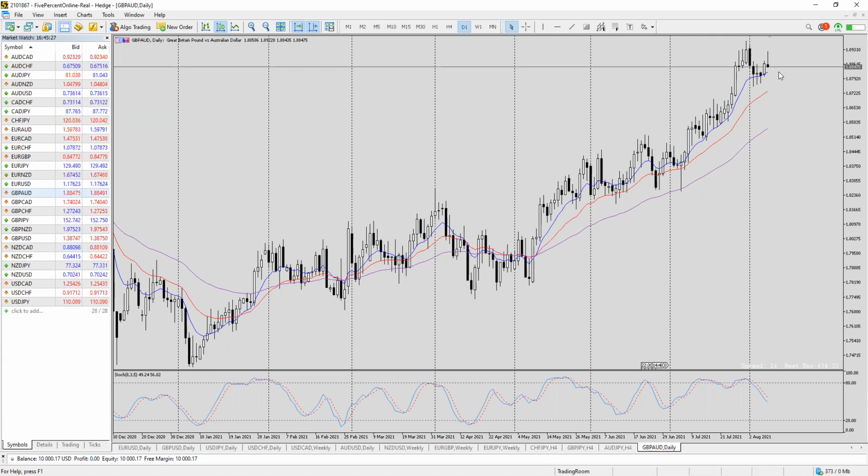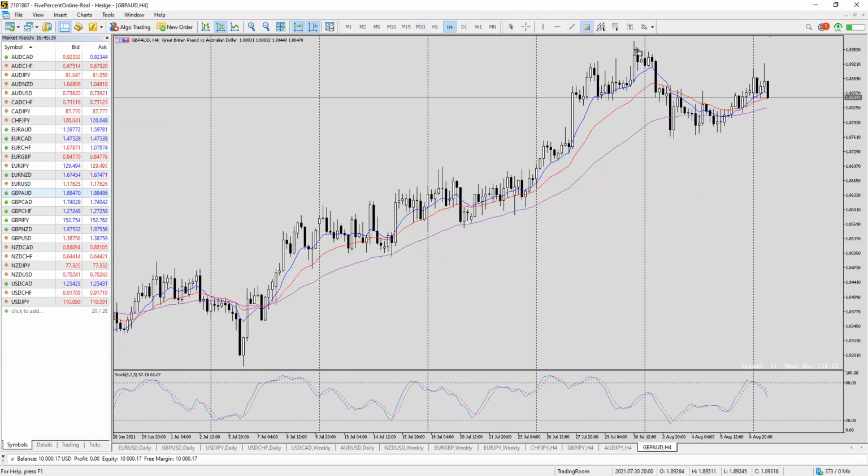And you can see that the daily candle, the day hasn't ended yet, obviously, but this daily candle looks like it's coming from supply, this entire supply zone. So it touched the supply, and came back down.